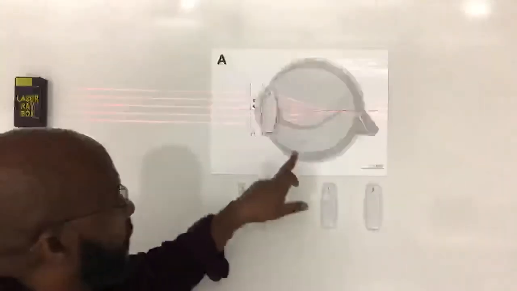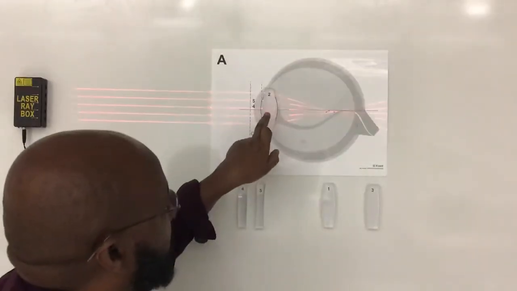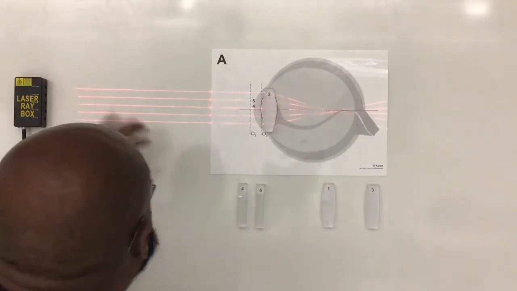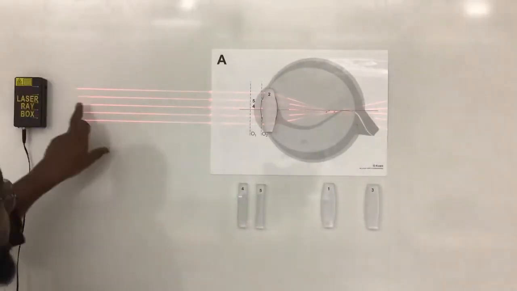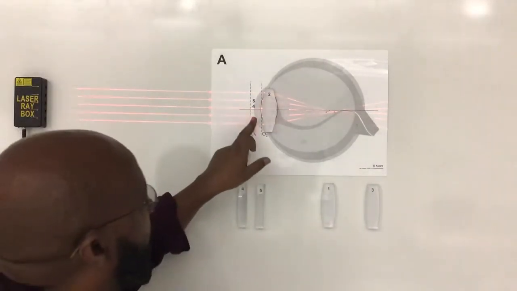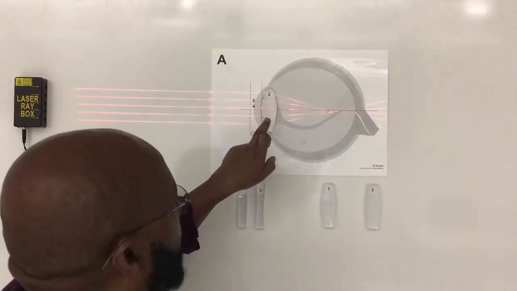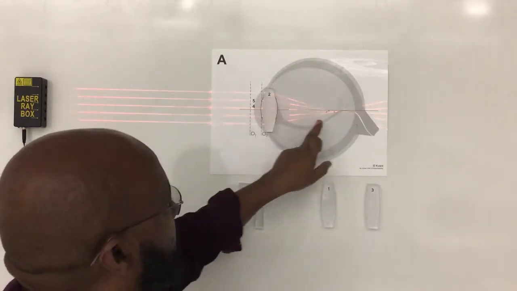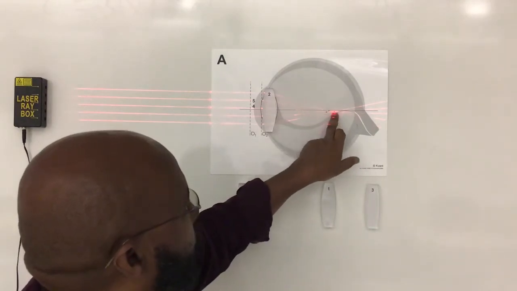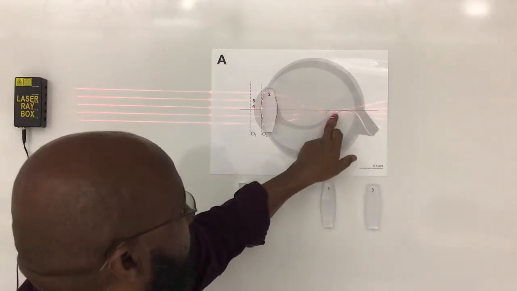Okay, now I put the second converging lens, that's lens 2, and you can see that these parallel rays of light, after they cross this eye model lens, converge before they reach the retina.